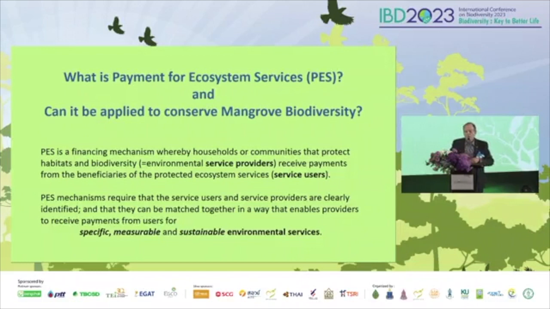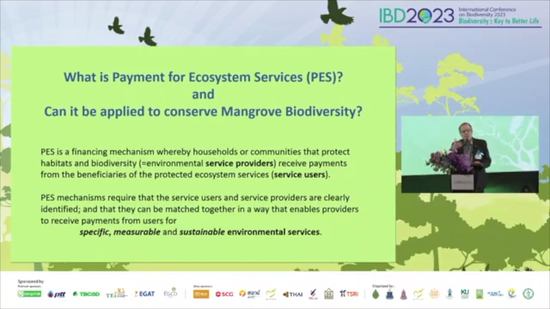Just to explain what payment for ecosystem services is, it's an agreement between the provider of a service and the user or the buyer of that service. And I can give you a very simple analogy.